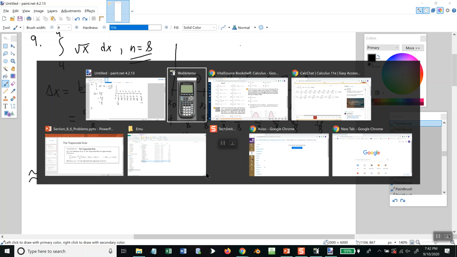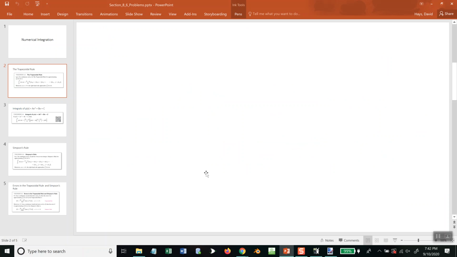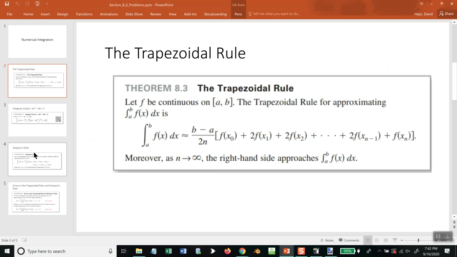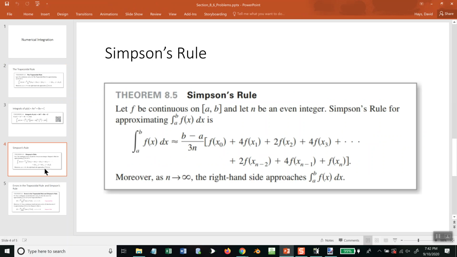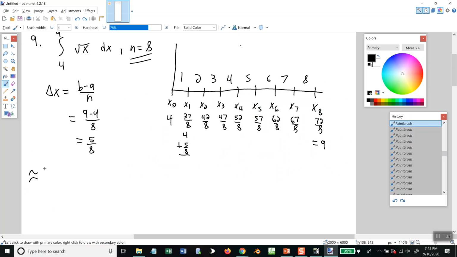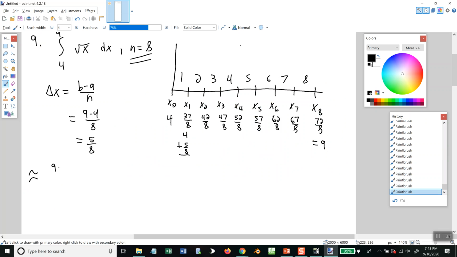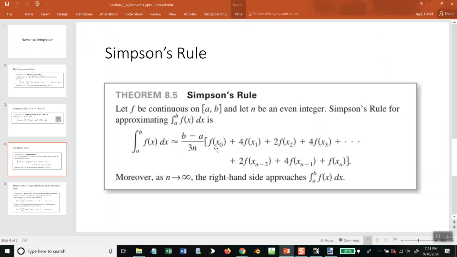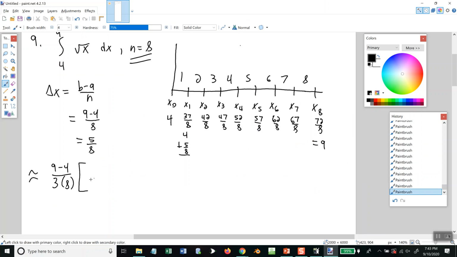Okay. So Simpson's rule: b minus a over 3n. b was 9 minus a, which is 4, over 3 times n, and the number of intervals was 8, times f of x naught. f of x naught is 4.